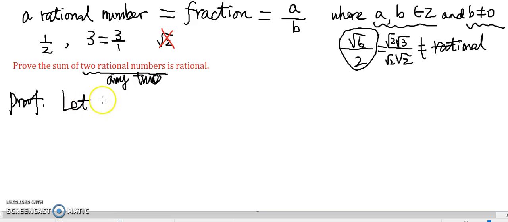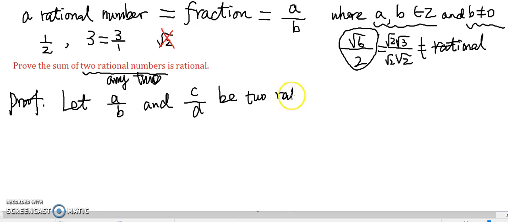So what we're going to pick will be a over b and c over d. Let them be two rational numbers. Now notice that I picked different variables, c over d. So these two rational numbers don't have to be the same.